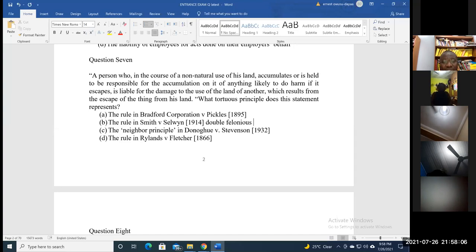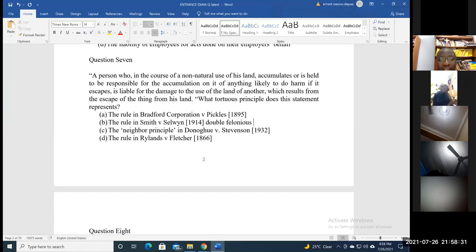Because if you have brought something which is not a natural user, that is, something which is not normally found on that particular premises, and it is strange in terms of that particular land, that is not something which is supposed to be found there.